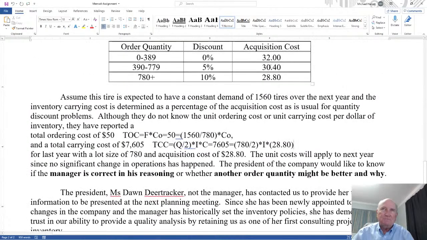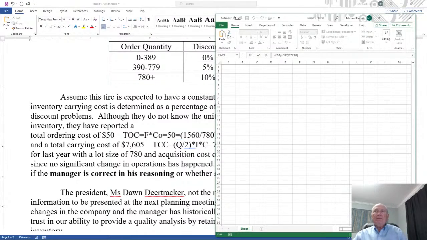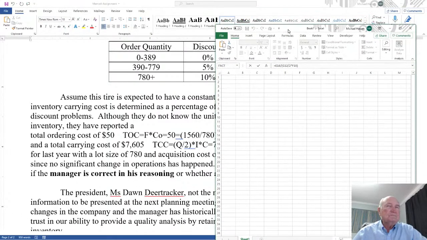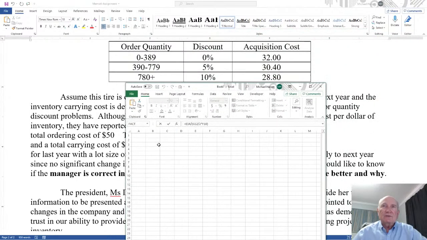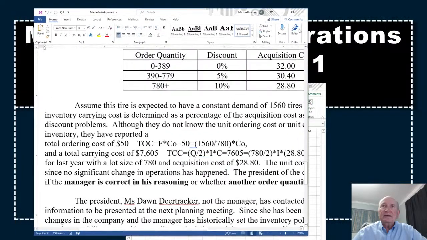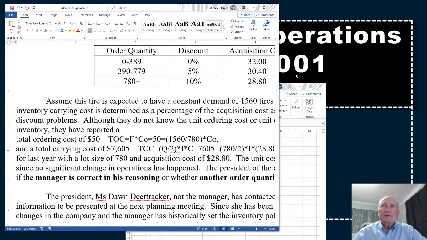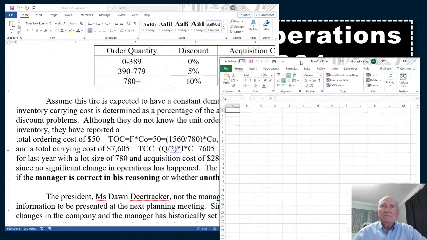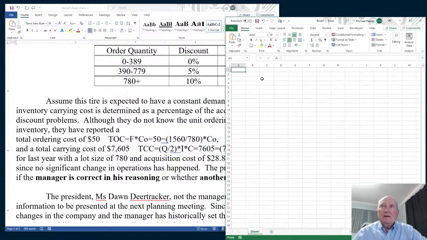So let's bring up Excel. Okay, let's first put these in here. Let's have the categories.